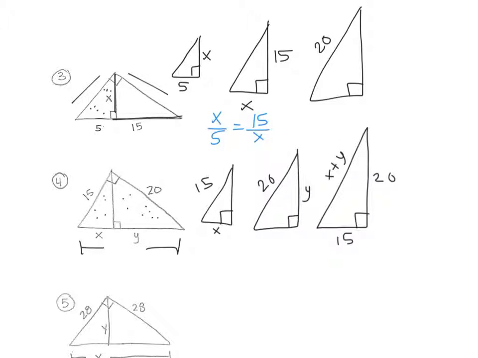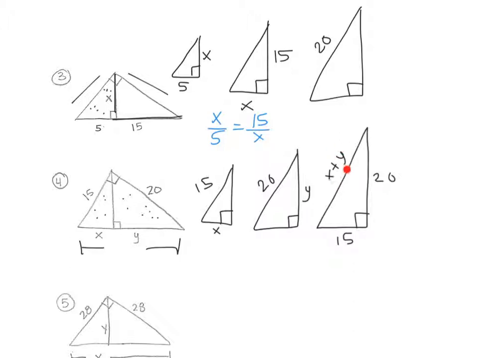So this one you have to think about, I'm trying to figure out how to solve for x or y, but my proportion can only have x or a y. I can't do both. So for example, I couldn't do 20 is to x plus y as y is to 20 because I have x and y.